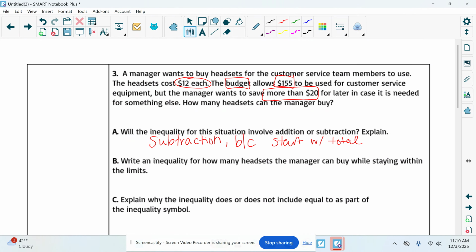So if we want to always start with what we have, what's going to be the first thing we put down? 155. And from that 155, what are we going to do? Subtract.